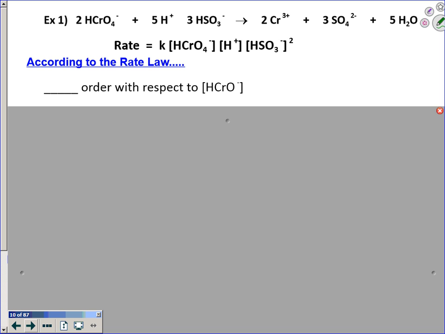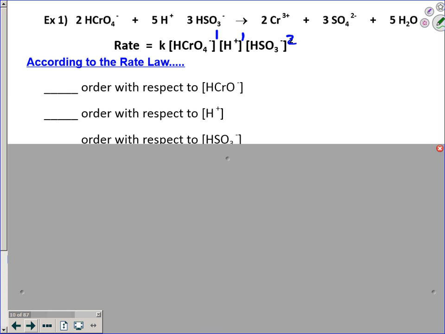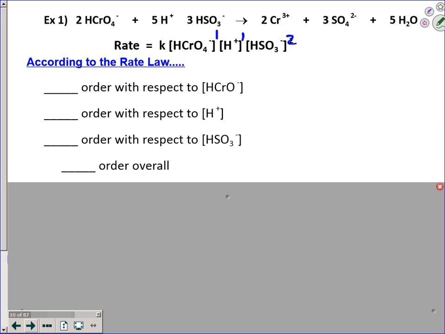What are each of the exponents here? 1 for hydrogen, 1, and bisulfite, 2, right? Okay, so just make sure you guys can see those. Those are the orders, okay? So what's the order with respect to H+? 1, good, so you're looking at the exponent. What's the next order? 1, and then the bisulfite, 2.